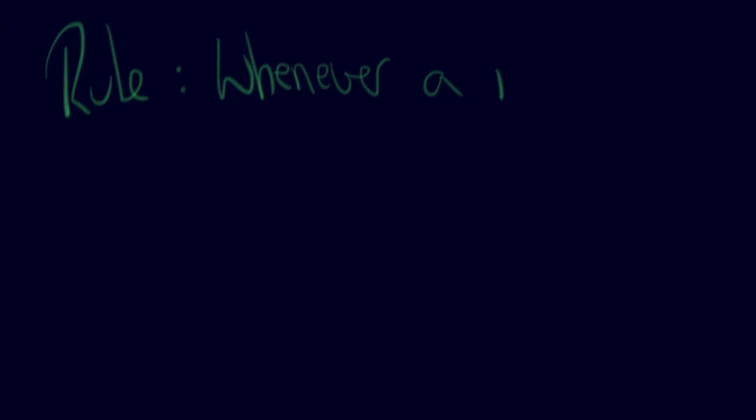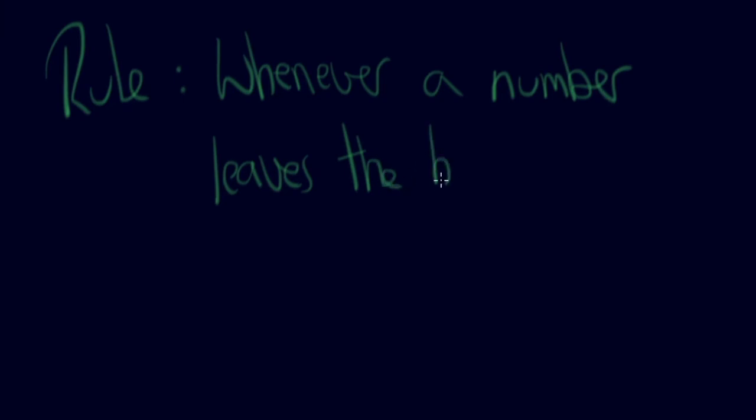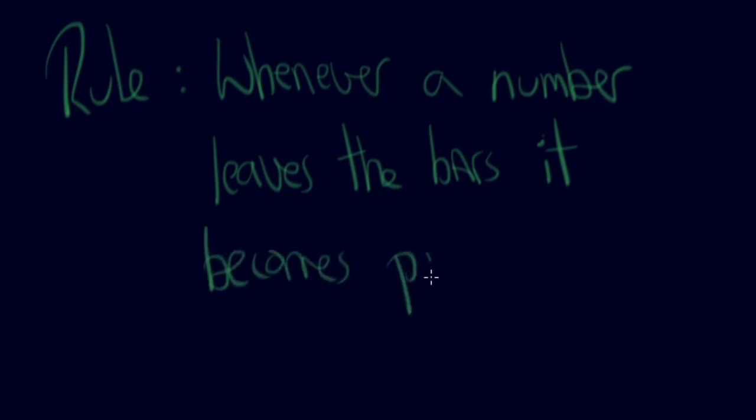We'll say whenever a number leaves the bars, it becomes positive. Did I just ruin your notes? I'm sorry. There. It's like magic. It's like you're a magician and there's your little wand. Whenever it leaves the bars, it becomes positive.